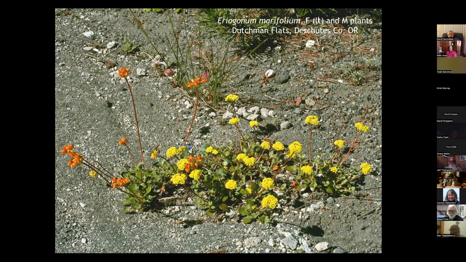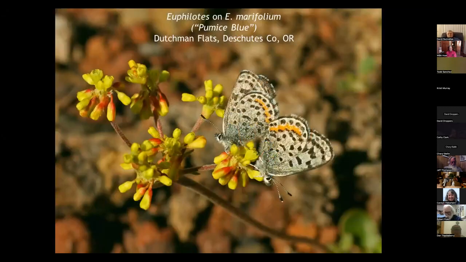Here's again the male and female plant, and if you just walk around and look at these plants out in these cinder fields, you will find the blues on them. Here's the mating pair.